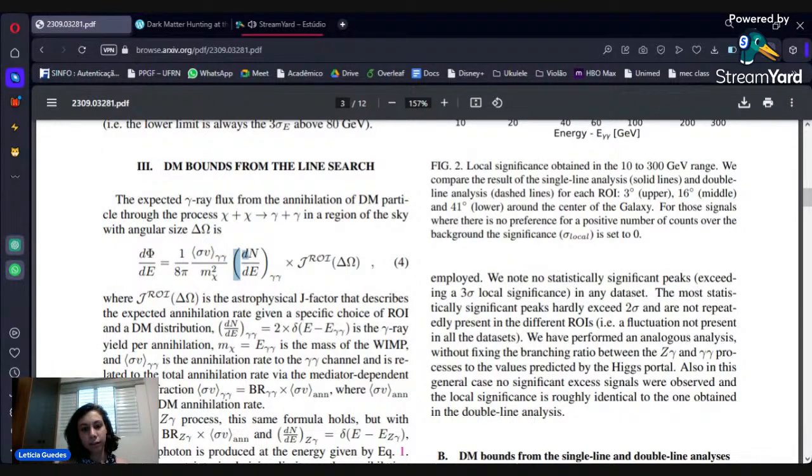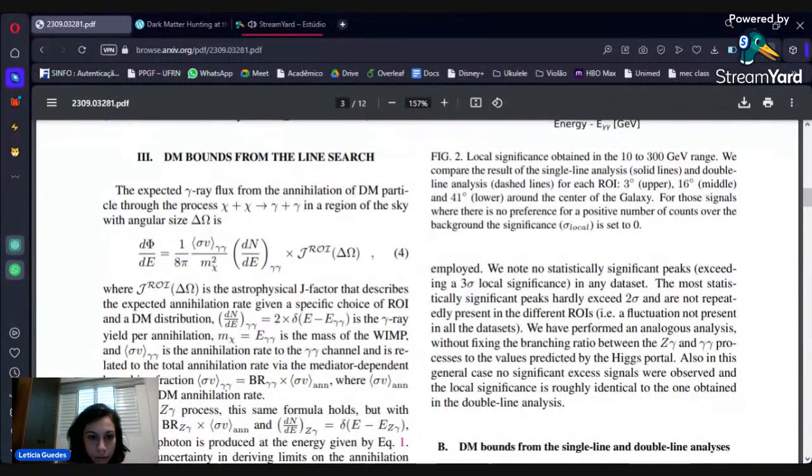This dN/dE is the energy spectrum, and it guarantees that we are getting the channels that we want, because as we can see here, this is for the gamma gamma, is a delta function.